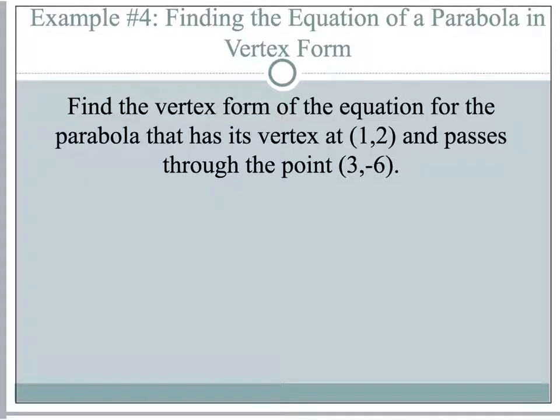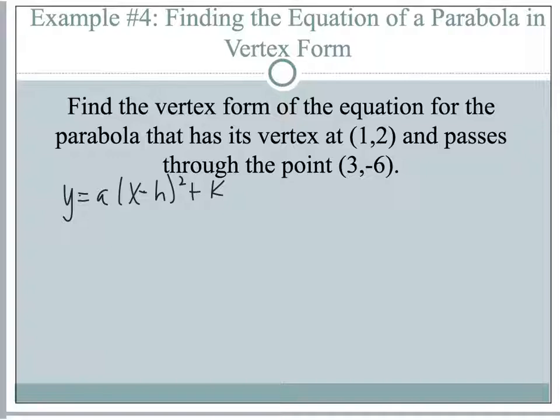All right, to continue, it says find the vertex form of the equation for the parabola that has its vertex at 1, 2 and passes through the point positive 3, negative 6. So again, we're going to go back to our vertex form, which states that y equals a times (x minus h) squared plus k. Okay, and then from there, we're going to identify a couple of pieces of information.